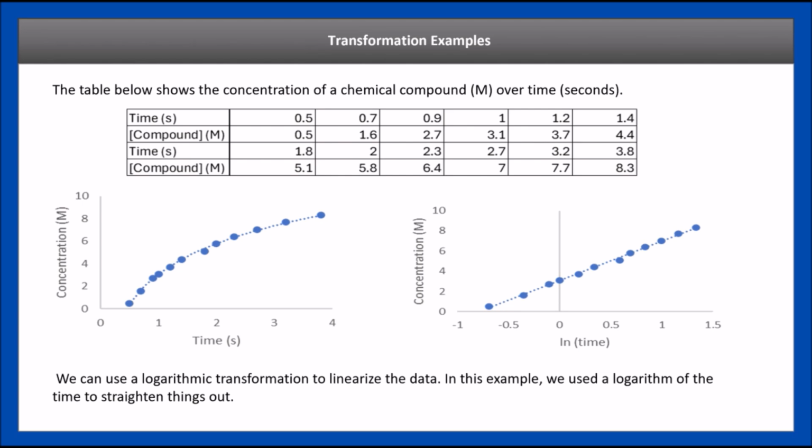We're going to take the natural log of the explanatory variable, which is the time, and then we can linearize the data using a logarithmic transformation. In this example, using the logarithm of the time seems to straighten things out, as you can see in the graph.